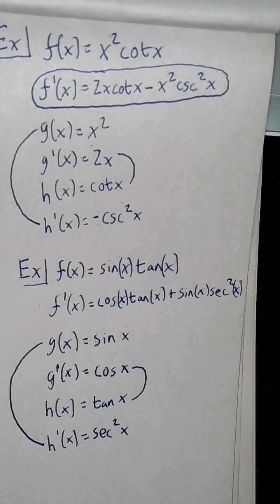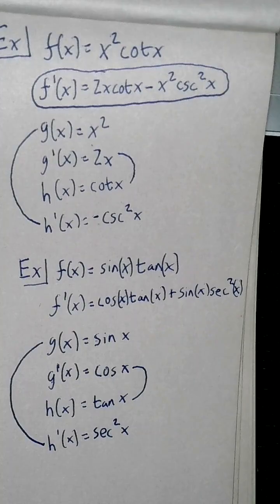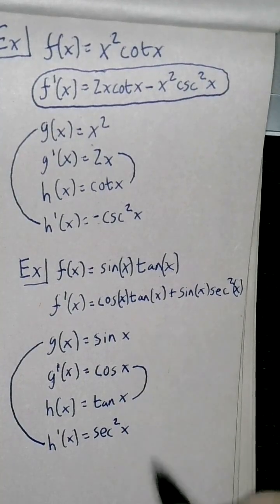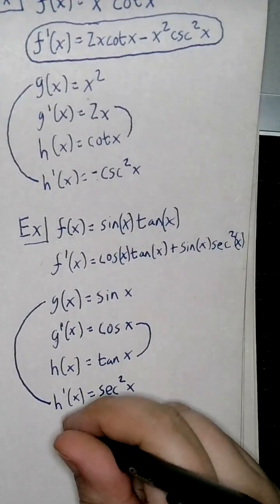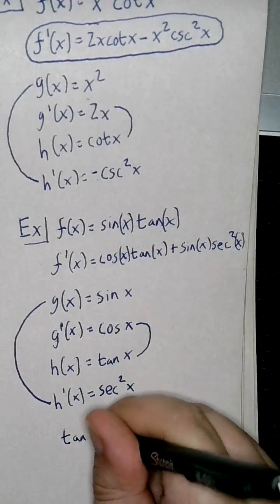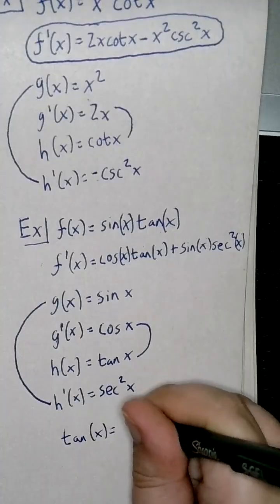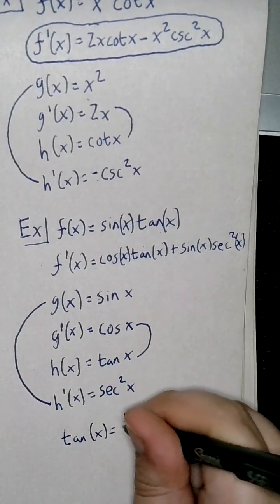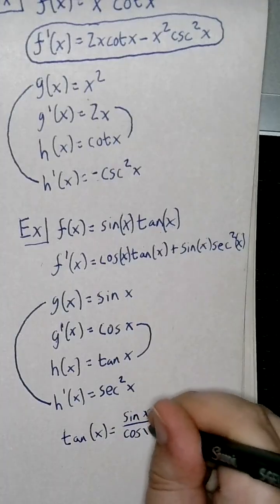So normally I would stop here. However, I can simplify this. How can I simplify it? Well, remember that tangent of x is equal to sine of x over cosine x.